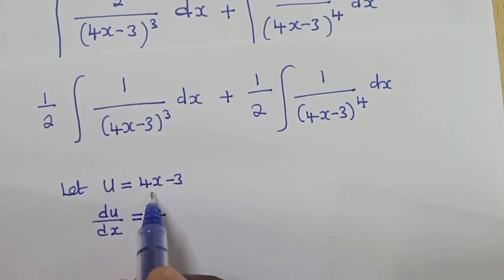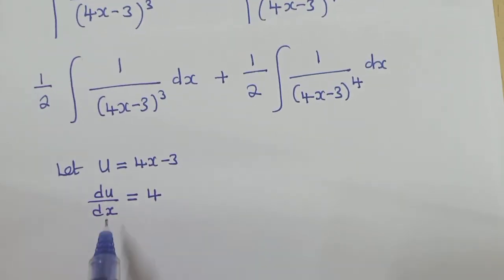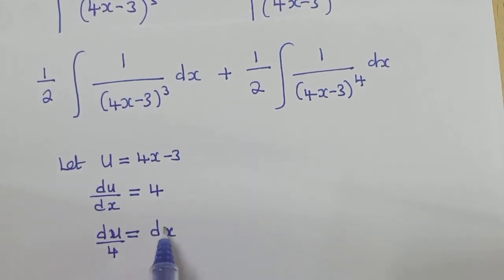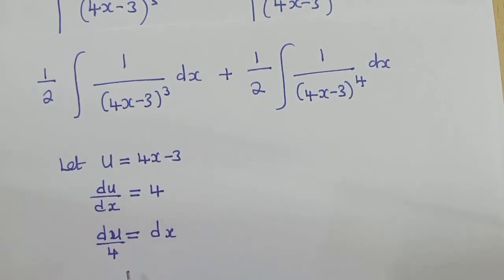You differentiate this with respect to x. Next is to say du will be equal to 4 dx. In short, I'm making dx the subject of the formula. So this one will be divided on both sides, and it will come here by cross multiplication.